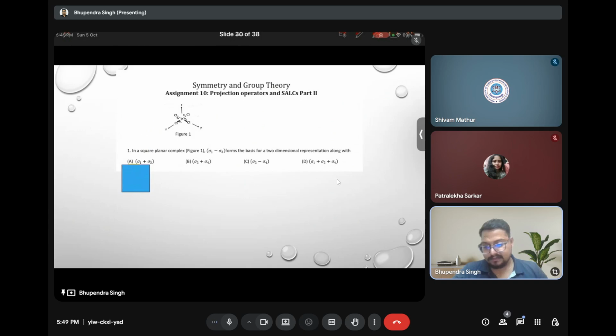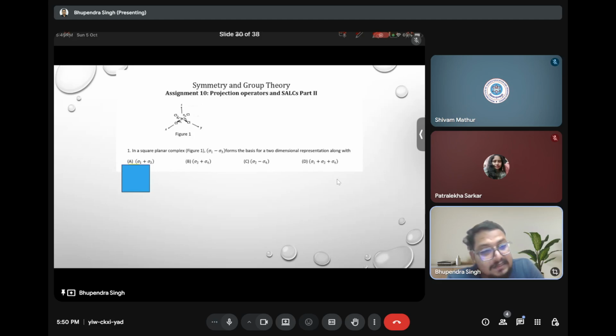Figure 1, sigma 1 minus sigma 3 forms the basis for a two-dimensional representation along with.